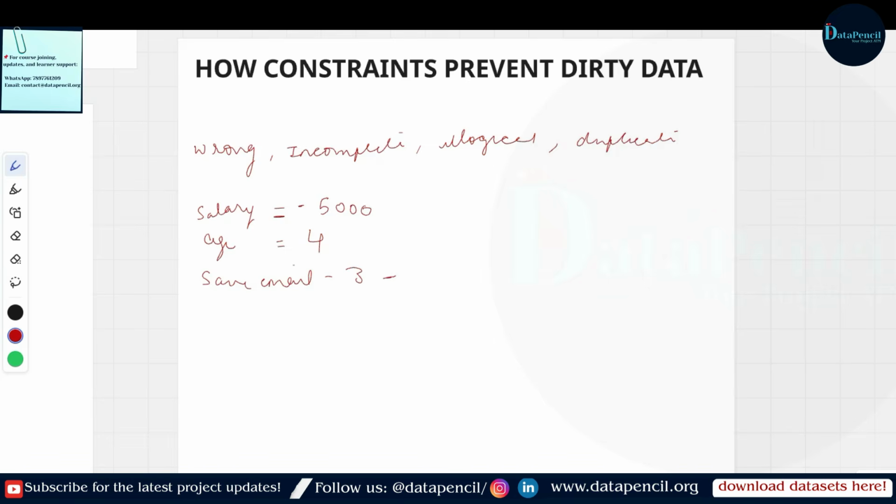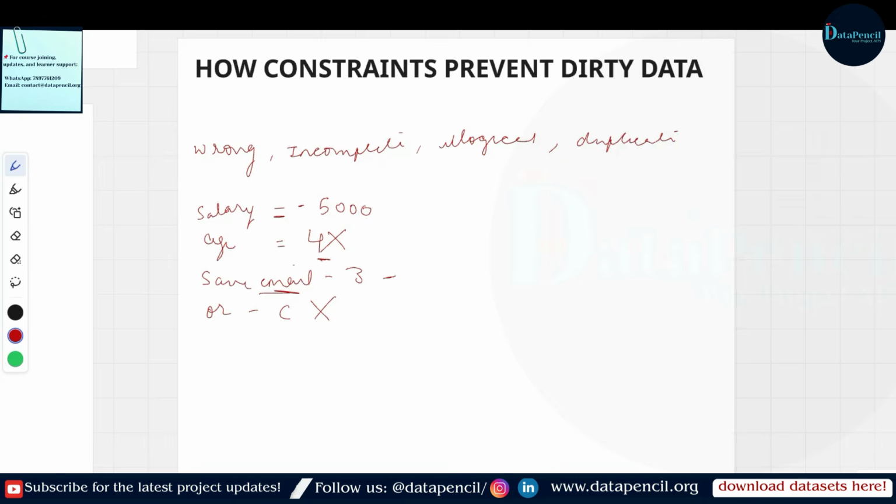Suppose you have entered the order details for a customer that doesn't even exist. Okay, so it is dirty data, guys. Dirty data, you can say it looks normal. Age can be 4, but if we talk about the office scenario, employee scenario, then it is absolutely wrong. Email cannot be the same for different users, right?